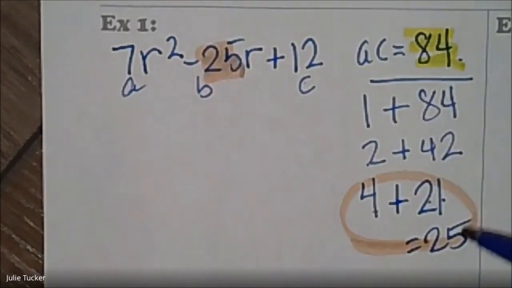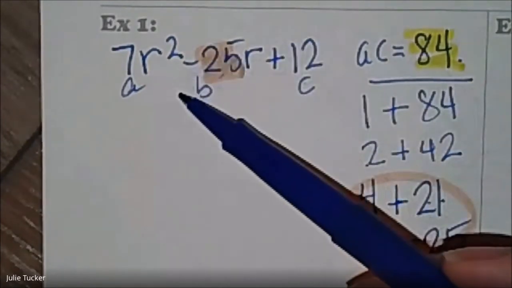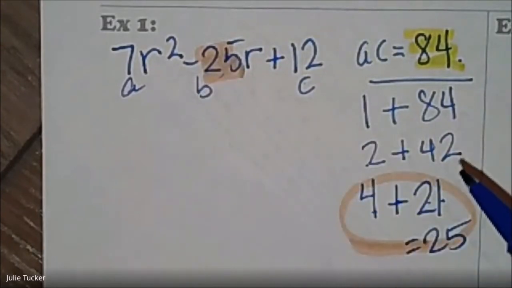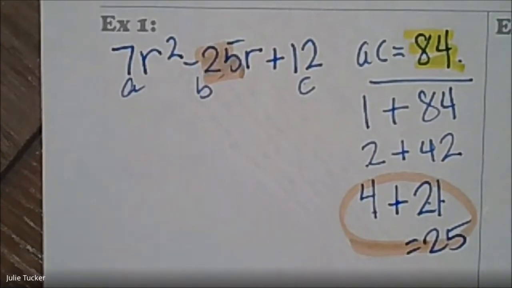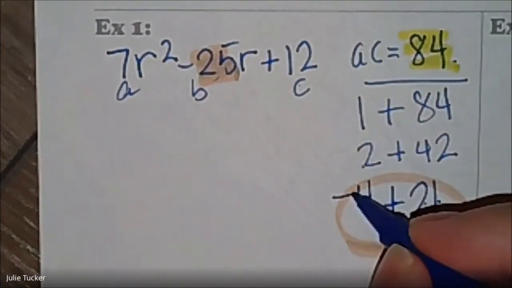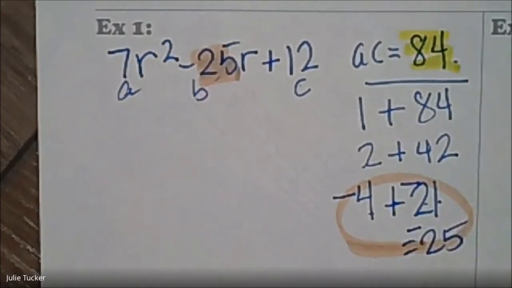Okay? So we have one more little hurdle. See how this is a positive 25 and that's a negative 25. So for this to be a negative 25, it needed to be negative 4 and negative 21 to give us negative 25.